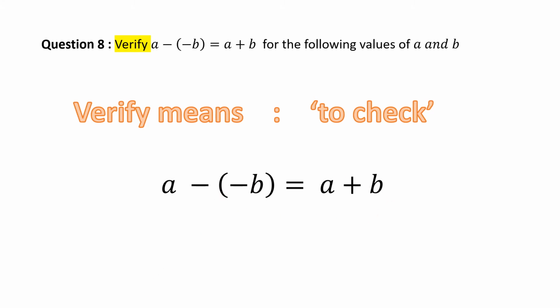Now when you look at this equation, why do we call it an equation? Because there's an equal sign, right? Two things are equal. So it's an equation. Let's look at this equation carefully.